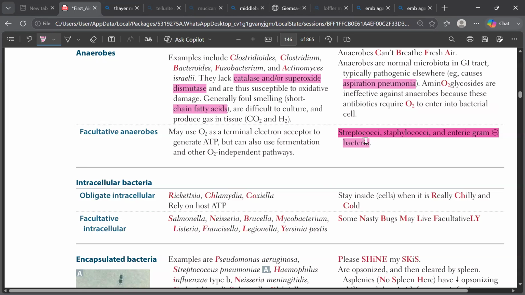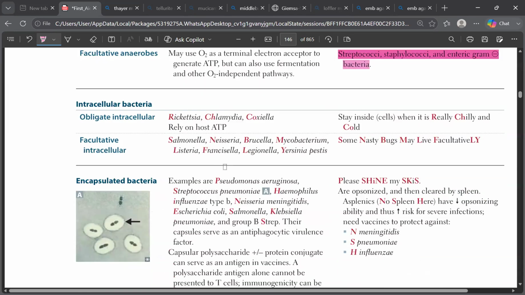So the obligate intracellular include Rickettsia, Chlamydia, and Coxiella, and they rely on host ATP. They stay inside when it's really chilly and cold. And the facultative intracellular are Salmonella, Neisseria, Brucella, Mycobacterium, Listeria, Francisella, Legionella, and Yersinia pestis. Some nasty bugs may live facultatively.